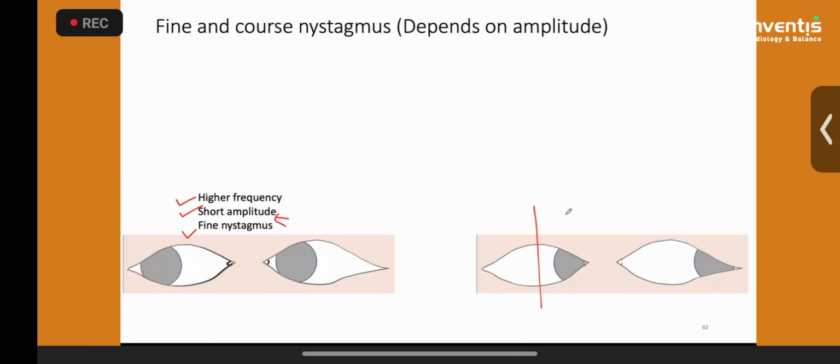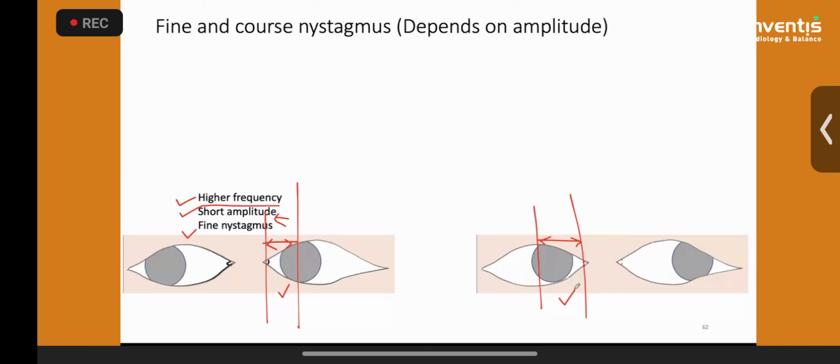The amplitude you look at is bigger. Here the amplitude was smaller, as compared to this amplitude. This amplitude is larger. And if you look at the frequency also, the frequency is slower here as compared to this side. So this is a coarse nystagmus. This is a fine nystagmus and this is a coarse nystagmus.